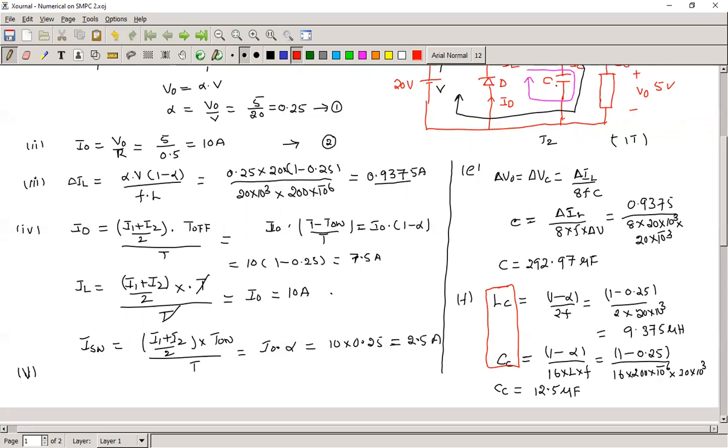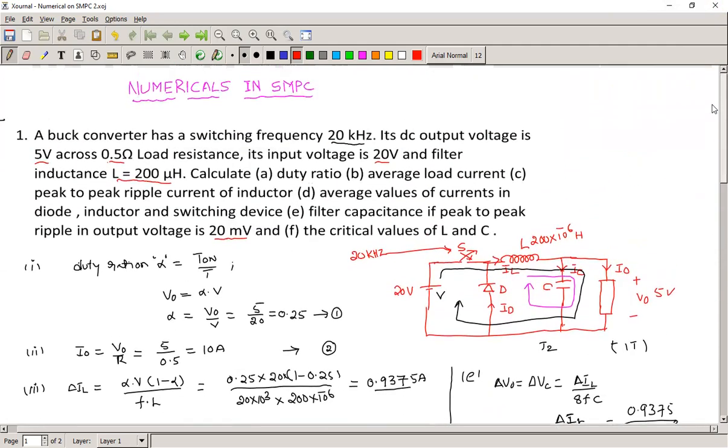Based upon that only we derived these two values, and those values are considered here. We calculated here. This is the one numerical which is based on the buck converter.